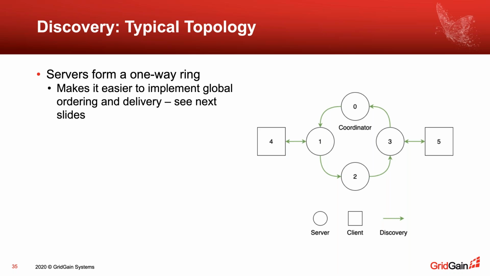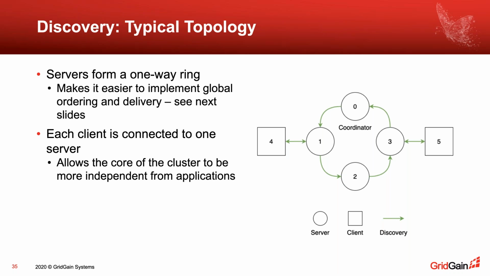So communication is a simple send a message from node A to node B kind of system, but discovery forms a complex topology with a ring in its center and with client applications connected to the nodes in the ring.